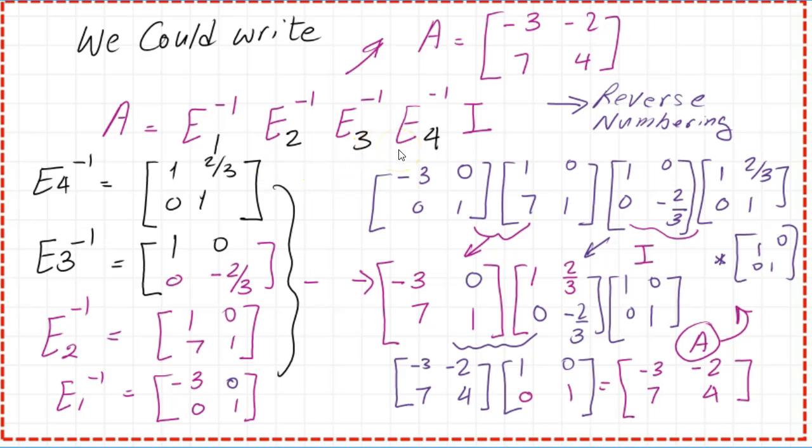This is the inverse of elementary matrix E4. This is the inverse of elementary matrix 3, and this is the inverse of the elementary matrix 2, and this is the inverse of elementary matrix 1. So we are reversing the numbering. These are the inverse of these matrices.